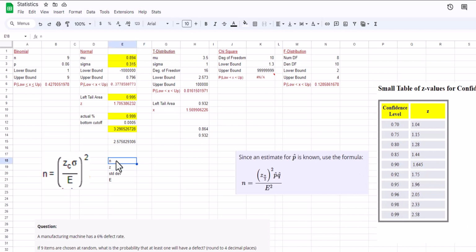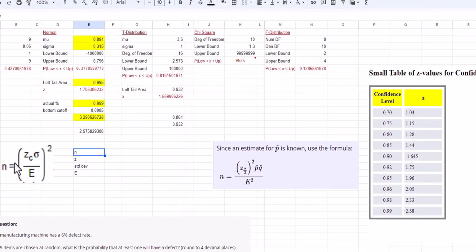Uh-oh. So let's actually make a formula here. And you can see that this Z critical value is the same as the Z alpha. All right, so I'm just going to make a nice little formula here. I'll just ignore the other stuff up here for right now.